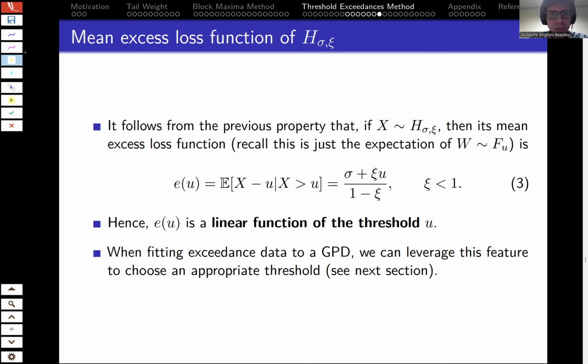So recall the notation here. e(u) is the so-called mean excess loss function. And this, by definition, is simply the expected value of W. This e(u) is the expected value of W, but it's also, of course, the expected value of X minus u, given X has exceeded the threshold u.